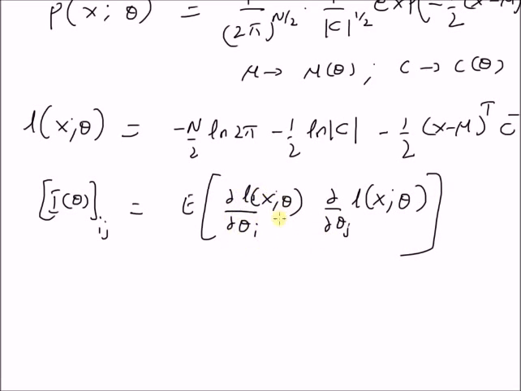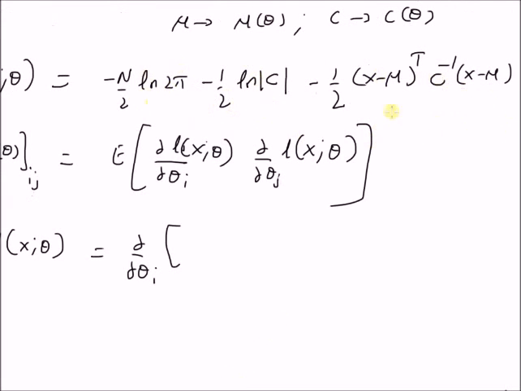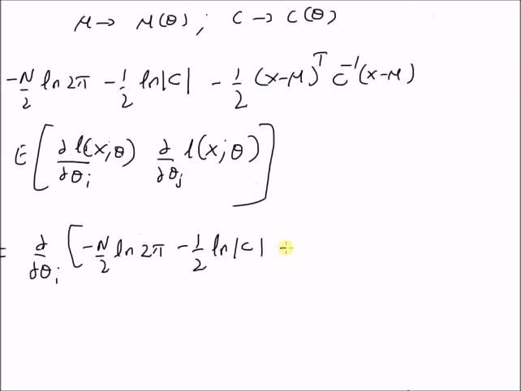So first we have to determine the derivative of the log likelihood function with respect to theta i, which is equal to the derivative with respect to theta i of the function defined here. That is, we rewrite the log likelihood function here, which is minus n by 2 logarithm of 2 pi, minus 1 by 2 logarithm of the determinant of C, minus 1 by 2 (x minus mu) transpose C inverse (x minus mu).